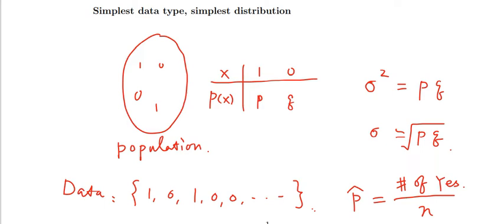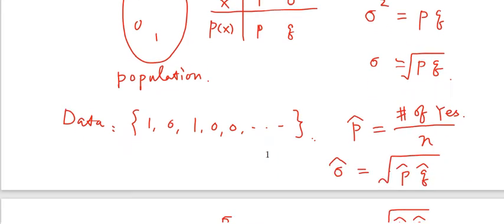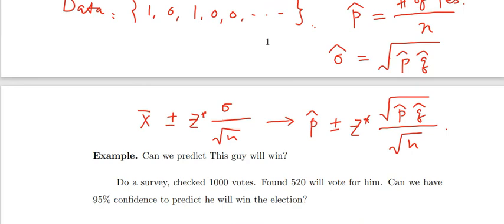So we can say that p is a probability, or a percentage for saying yes. But in statistics, we give a name to this p. We call p a proportion.